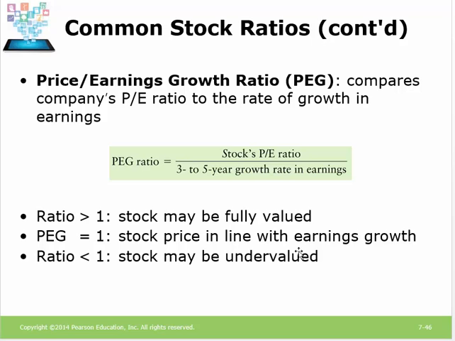What fully valued means is it might be overpriced. So the higher you are over 1, the more likely the stock price might be too high. And of course, less than 1 might mean the stock price could be undervalued. So if we're looking for potential stocks that we might really want to look at, we want to pay attention to stocks with lower rather than higher PE ratios and lower rather than higher PEG ratios.